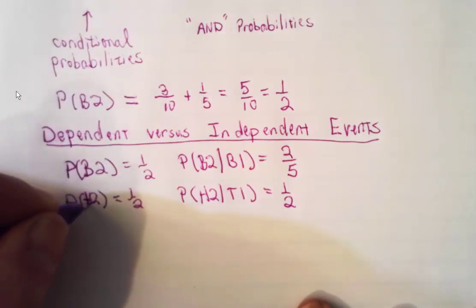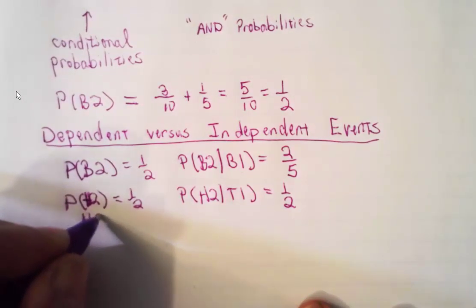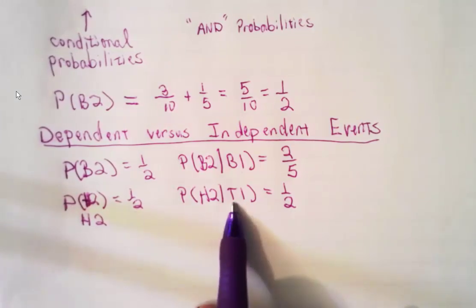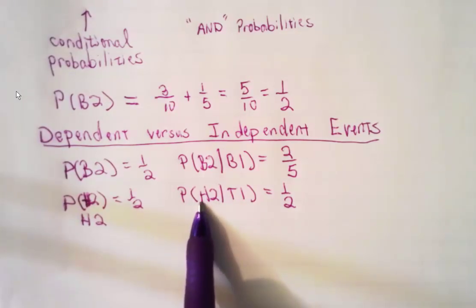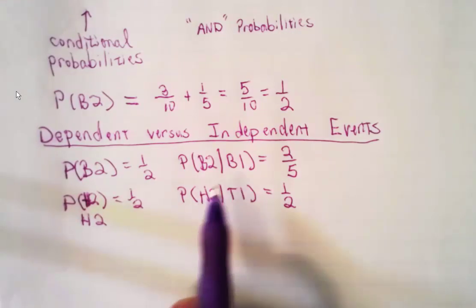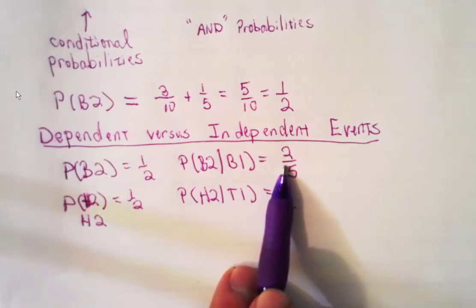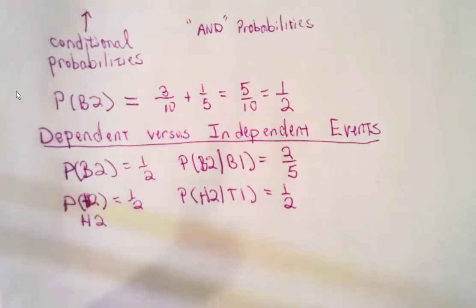That's an H right there. Head on the second. In this case, these two are equal. The additional information that there was a tail on the first flip is of no help in estimating the likelihood that we'll get a head on the second. On the other hand, the information that we got a blue on the first draw is of value in determining the likelihood that we'll get a blue on the second draw.